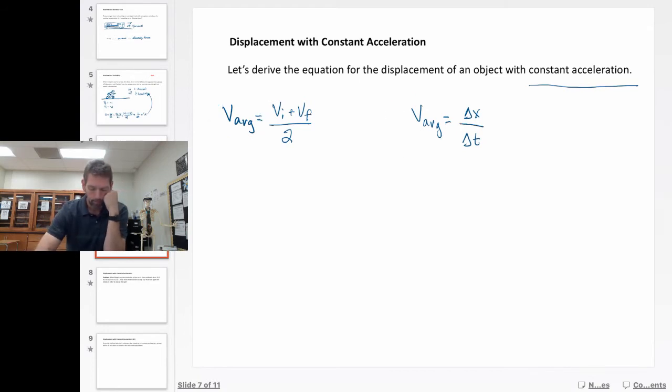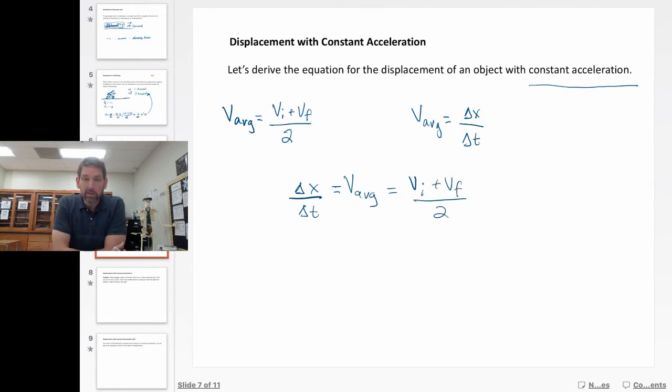So we've got the average velocity. We know that average velocity equals delta x over delta t, and then it also equals our initial plus our final, and since it's just 2 points, we divide by 2, right?